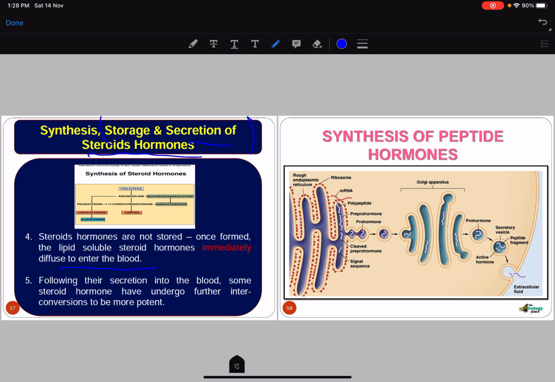Another term for steroid hormone is produced on demand. When there is a signal in need of steroid hormone, the signaling cells and the responsible target cells or organs will produce the steroid hormones.